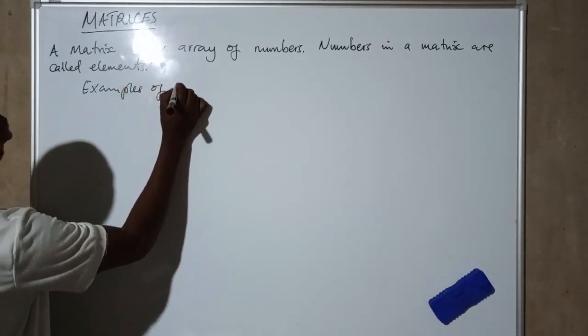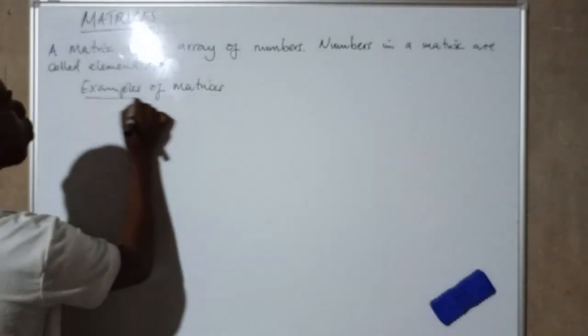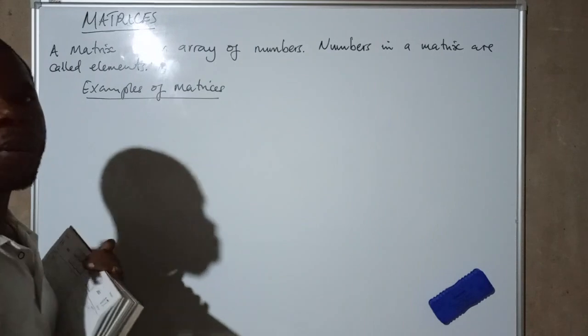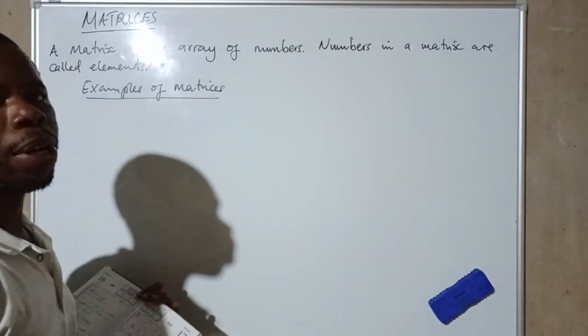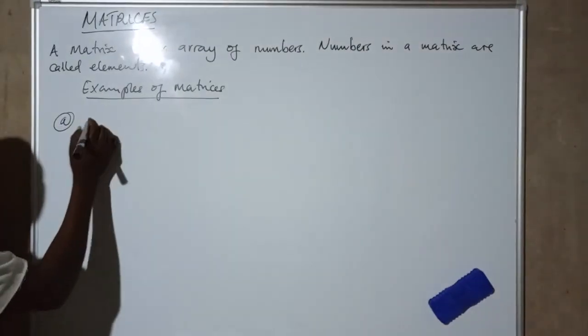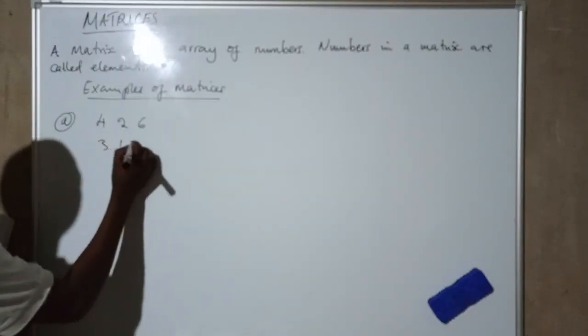Examples of matrices. If I come up with an array of numbers or an arrangement of numbers like this, A, we say I have 4, 2, 6, then 3, 1, 0.